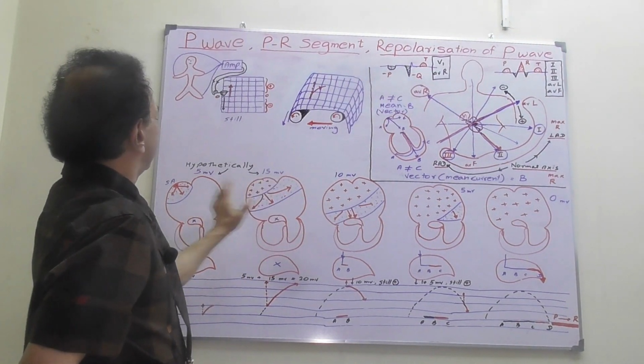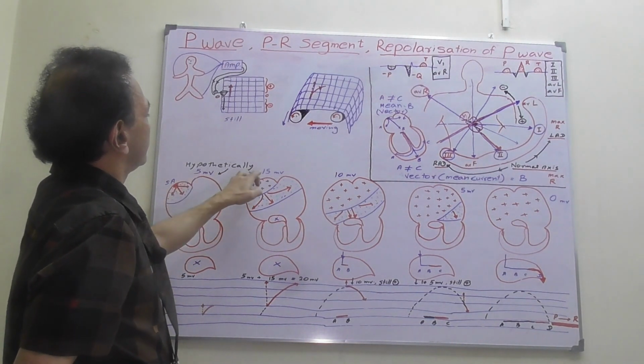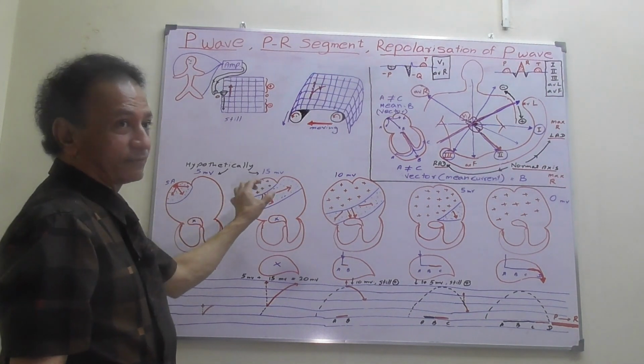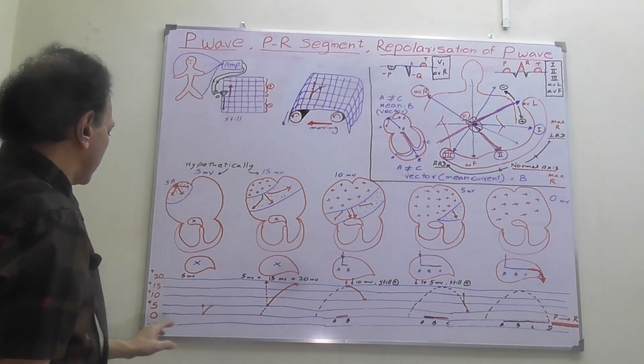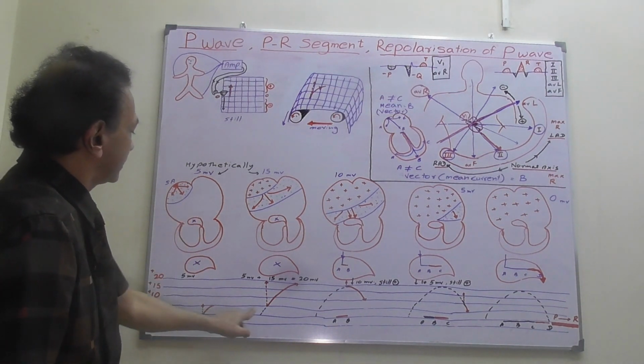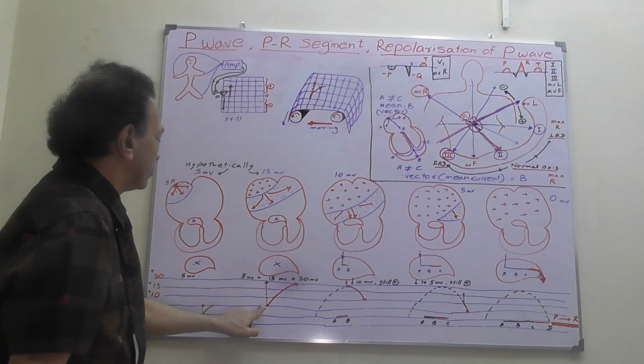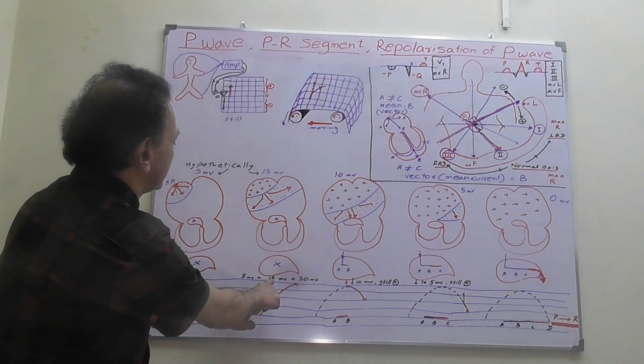As the area is bigger, almost 3 times this, hypothetically we will think that if this is 5, now this is 15 millivolt current it will produce. From the first part, it came up to the level of 5, and now hypothetically I told you it is 15.